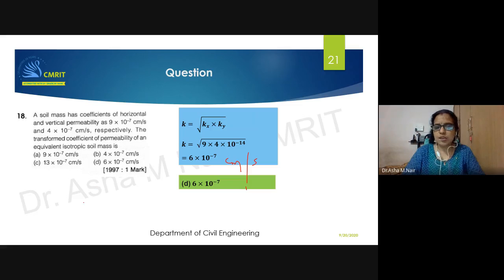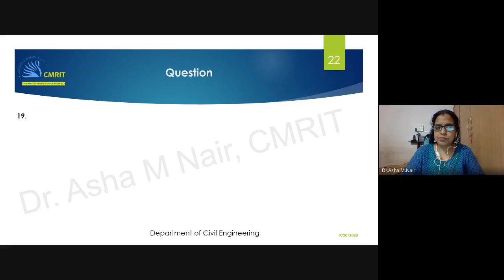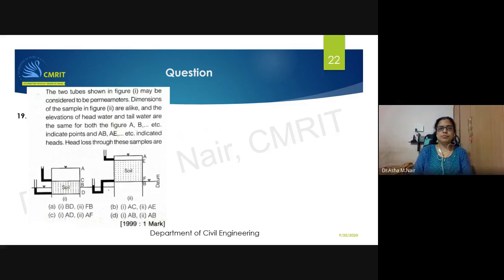This is also just a one marker question. Two tubes shown in the figure may be considered to be permeameters.